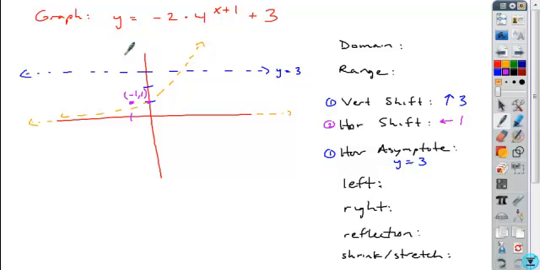I'm looking at it as being somewhere along up here. But I also have this negative out front, so that tells me there is going to be a reflection. It's a vertical reflection across the x-axis. Across the x-axis, now we actually have that horizontal line, which is the horizontal asymptote.